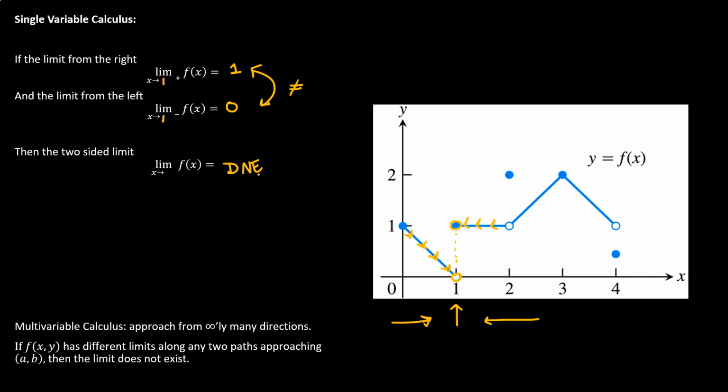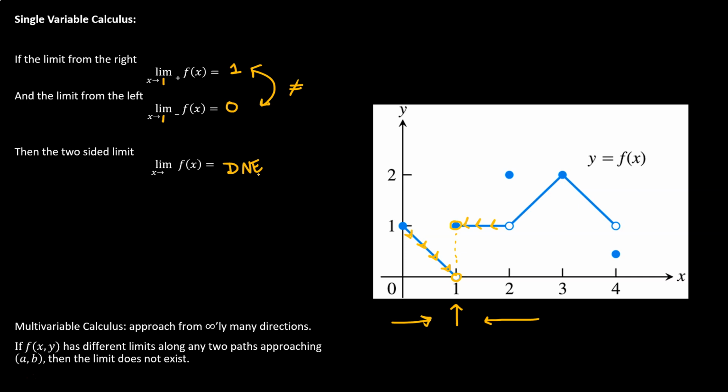But the thing that still works is that if you can find two paths that approach different values, then the limit cannot exist, just like from Calc 1. Just like when we were approaching x equals 1 in this limit, coming from the left, we were going to 0. Coming from the right, we were going to 1.